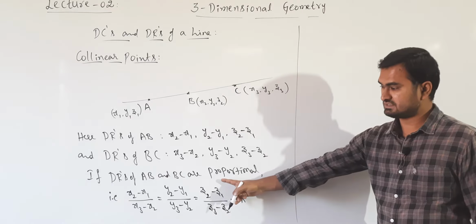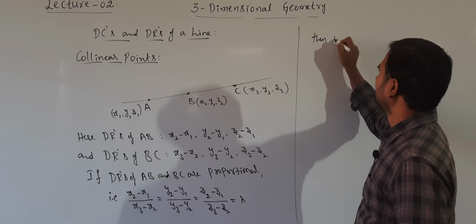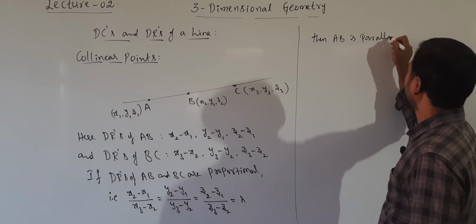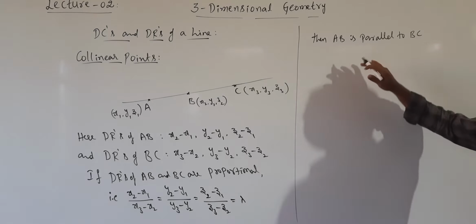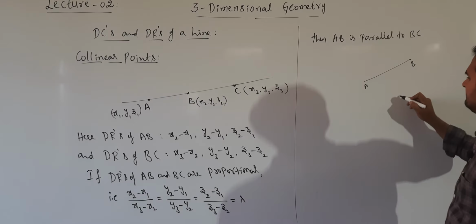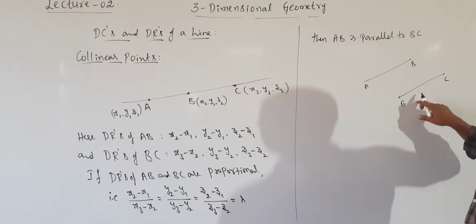So if DRs of AB and BC are proportional, then AB is parallel to BC. Now AB is parallel to BC means like this. Suppose this is A, B, B, C. AB is parallel to BC.